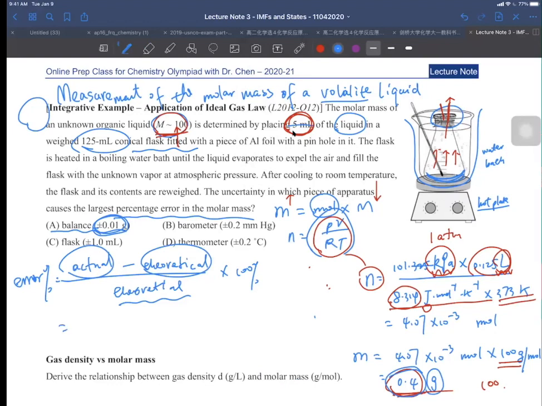The error percent will be plus and minus 0.01 gram divided by 0.4 gram, which is around 2.5%. You guys can help me check the mass. And then for C, the flask has a plus and minus 1.0 milliliter error, which means the error percent will be this divided by the theoretical value for the volume of the flask.